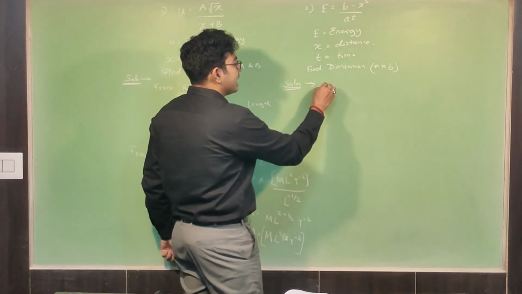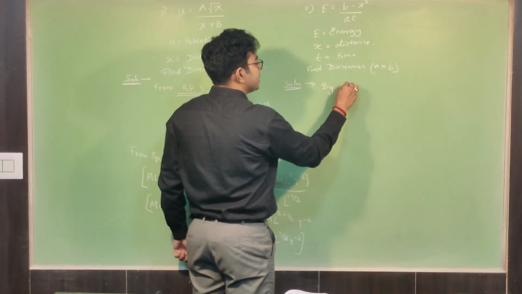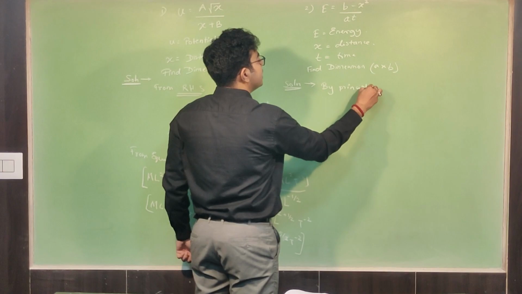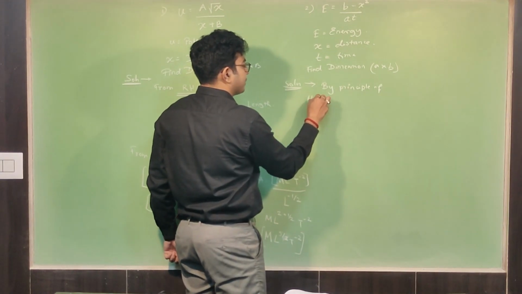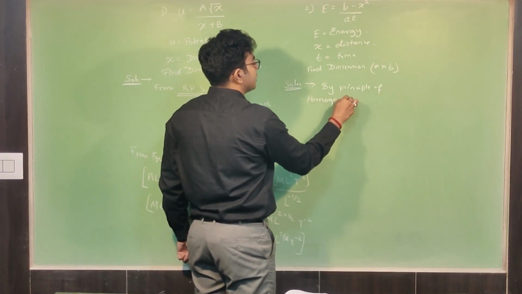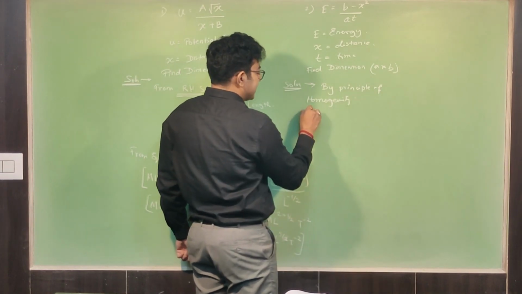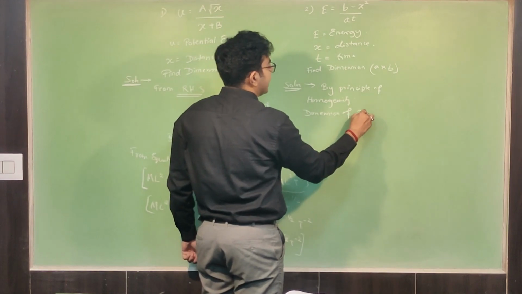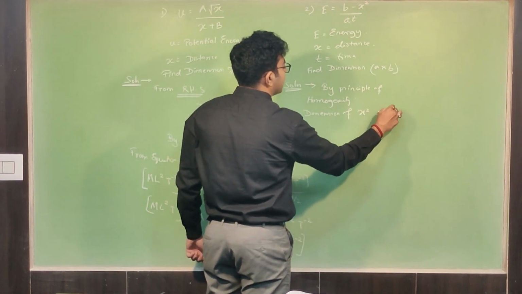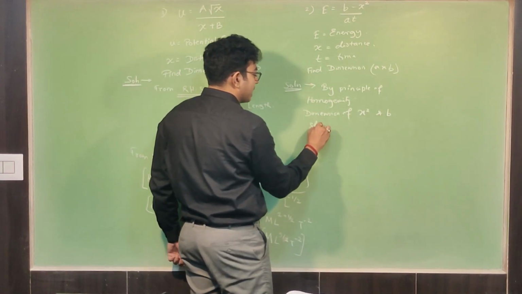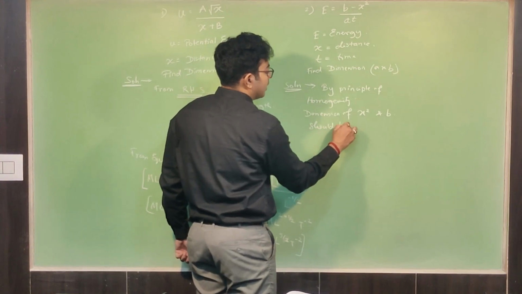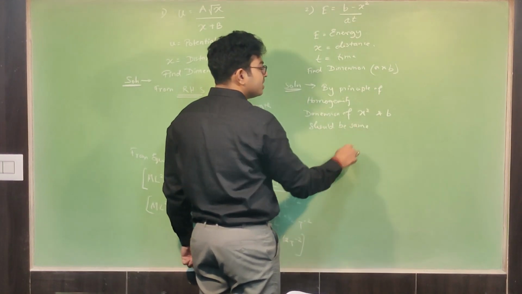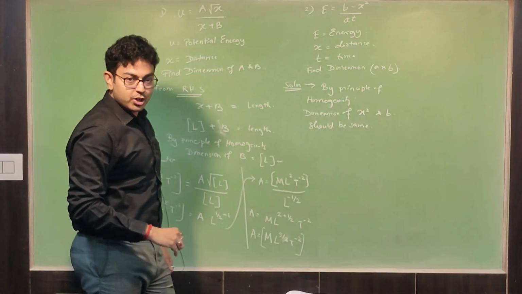So we can say by principle of homogeneity, dimension of x square and B should be same. Why? Because otherwise they cannot be added or subtracted.